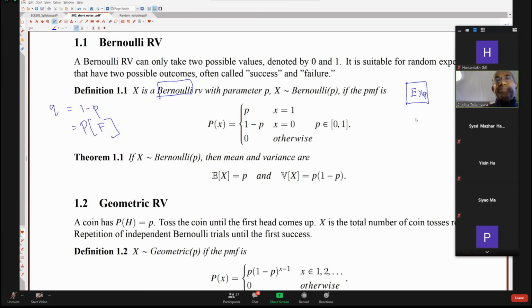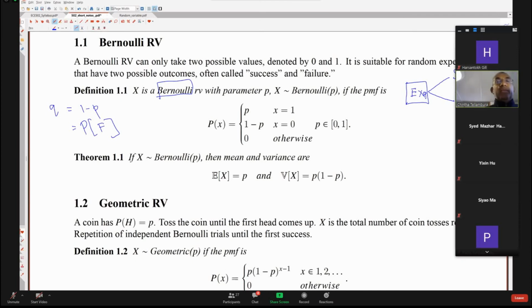In our random experiment, we have two outcomes. One is what we call a success, and that is what we observe. Success is usually denoted by 1. And a failure is whatever negative outcome, denoted by 0.